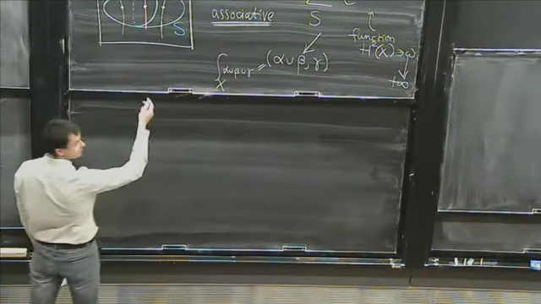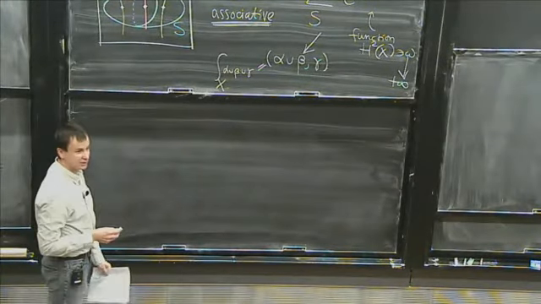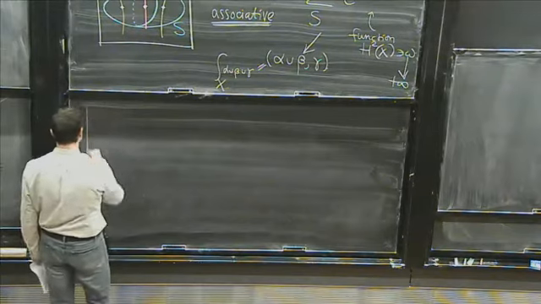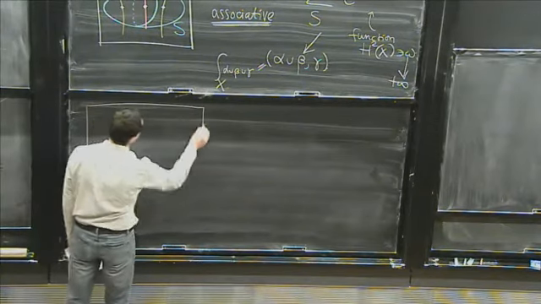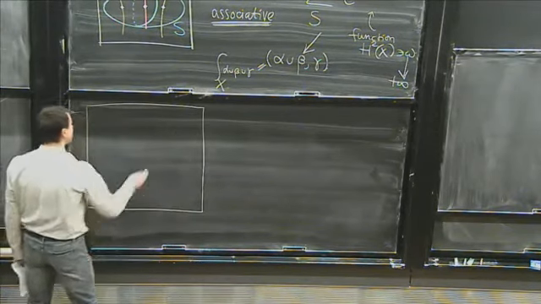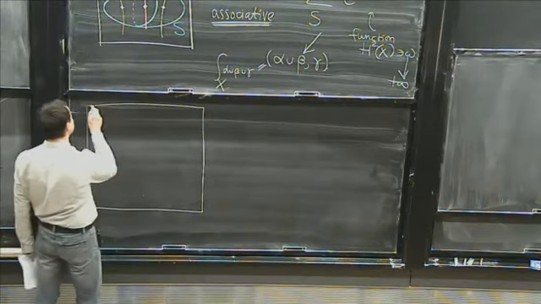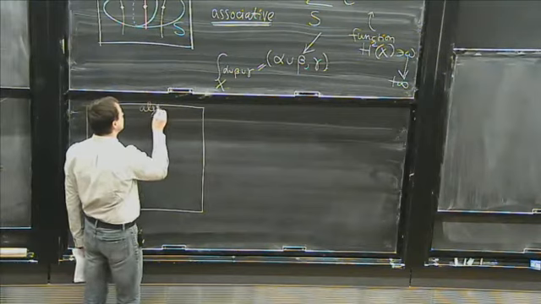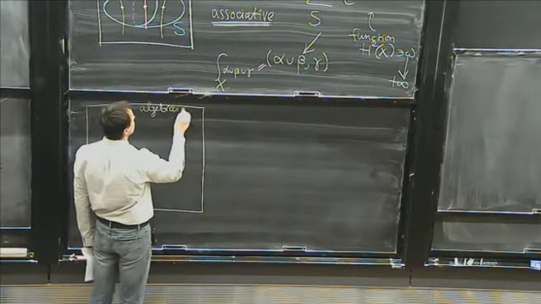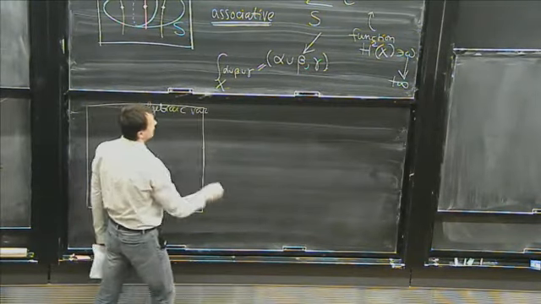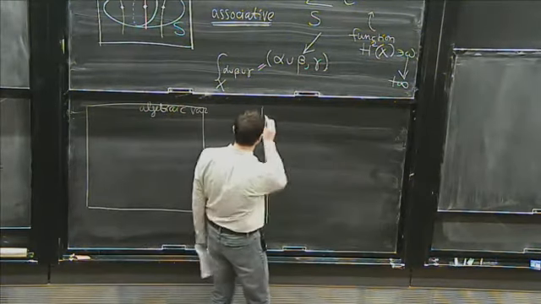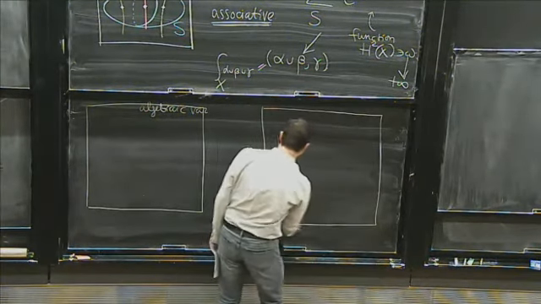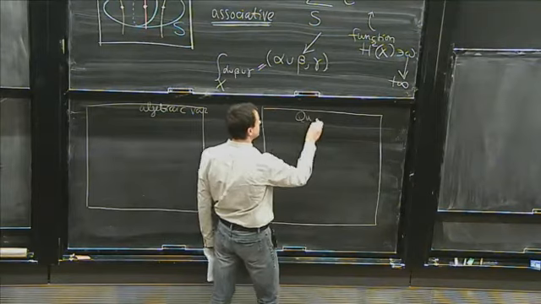So now I'm going to draw another square, which represents all algebraic varieties. Maybe I should make it more fuzzy. So I'll say algebraic varieties. And there's a map which goes to quantum integrable systems.